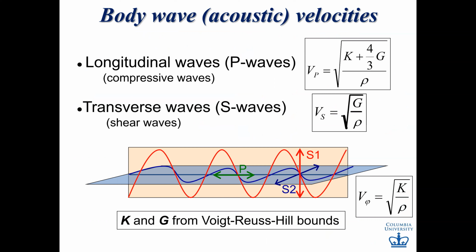In an isotropic medium, there are two elastic coefficients, bulk and shear moduli, and only two velocities, the compressional and the shear velocities, and they relate to these elastic moduli in this way. Rho is the density. So in order to interpret velocities in the lower mantle, we have to calculate bulk and shear moduli of different rock mineral aggregates at different pressures, temperatures, and compositions.